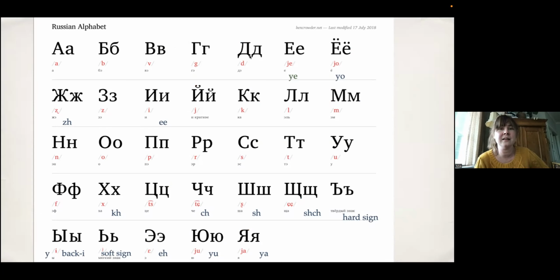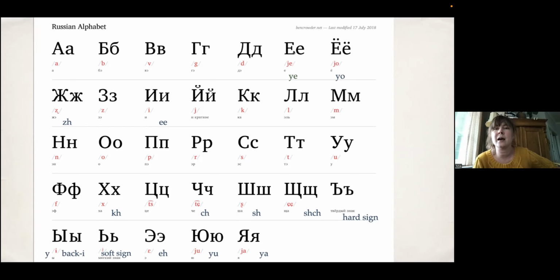And D, that looks like a house, doesn't it? You can remember it from the word dom, which is a house in Russian. It has a base, it has a roof, and it has walls. So that is dom, like a house. De, not D, but de.